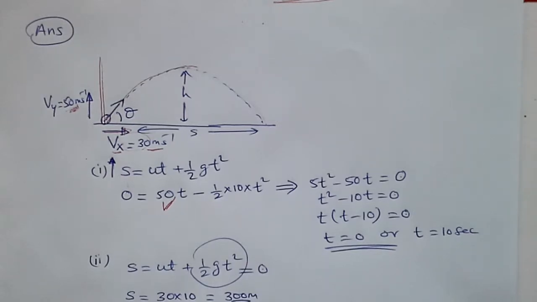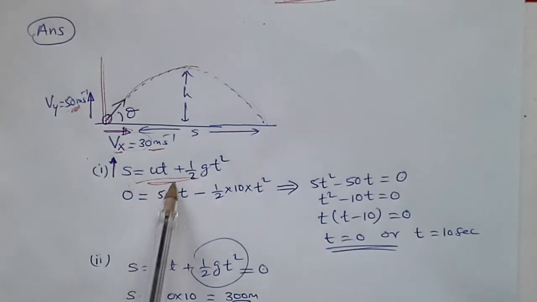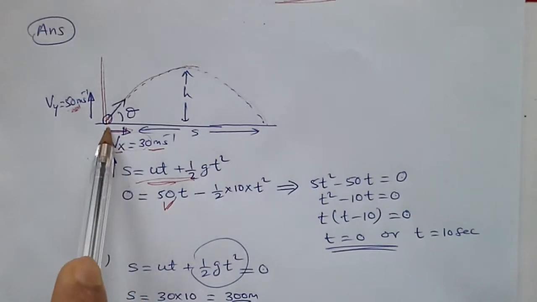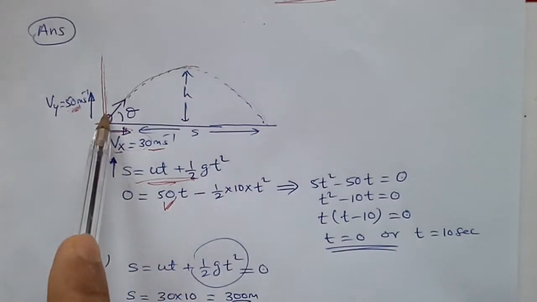Remember, this equation is a vector equation, so you have to take into account the direction. So if I apply s equals ut plus half at squared for the total journey, the total displacement is 0.